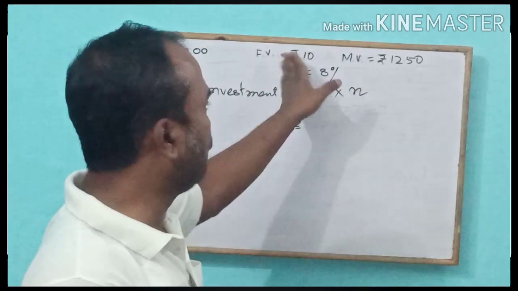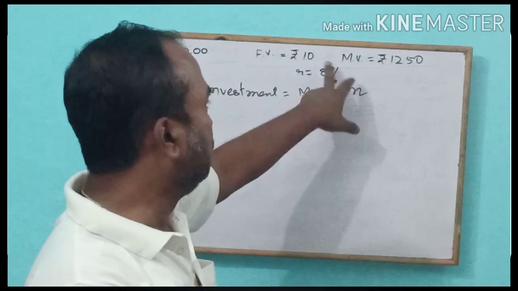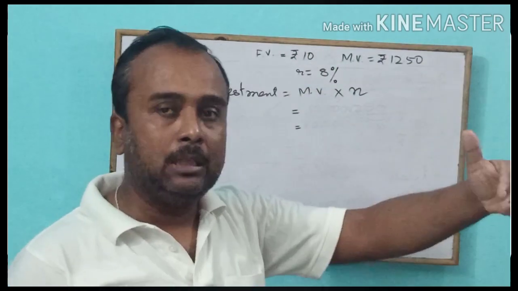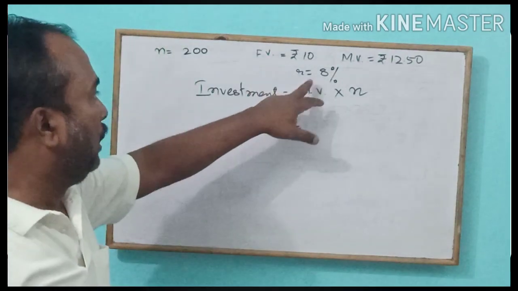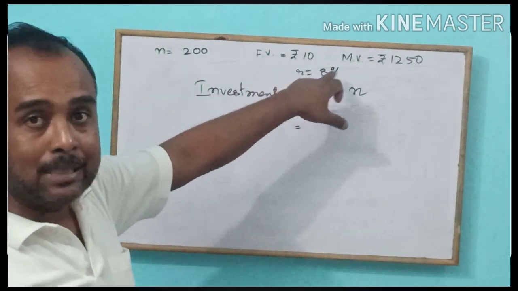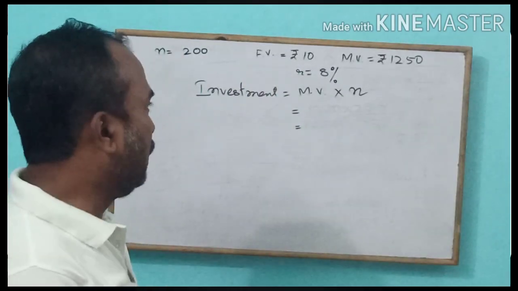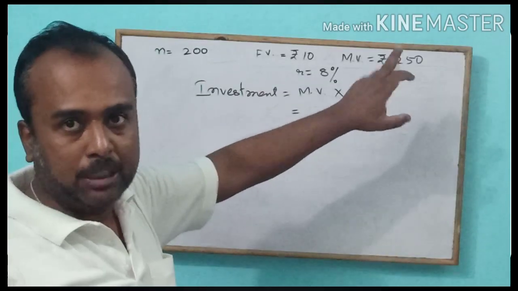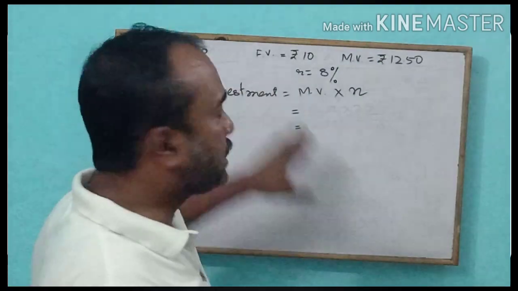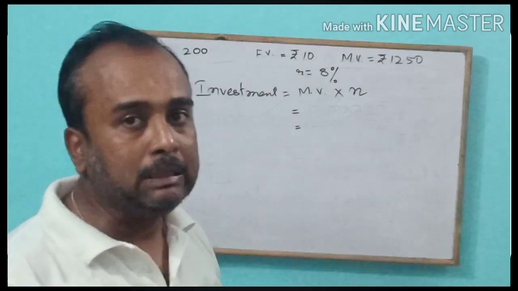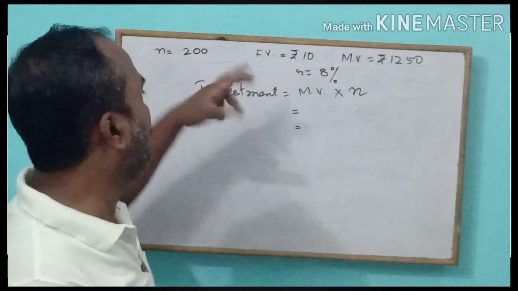₹12.50. Market value and face value difference I have already told. Face value is the original value of the share, and market value is the amount he has to pay to get that share. Now R is the rate of dividend, how much he will earn on every share, that is the percentage of earning on each share. Now we are supposed to calculate the investment, how much he has to invest to get 200 shares.